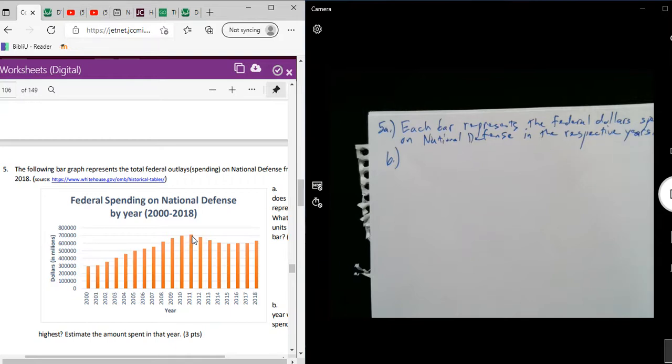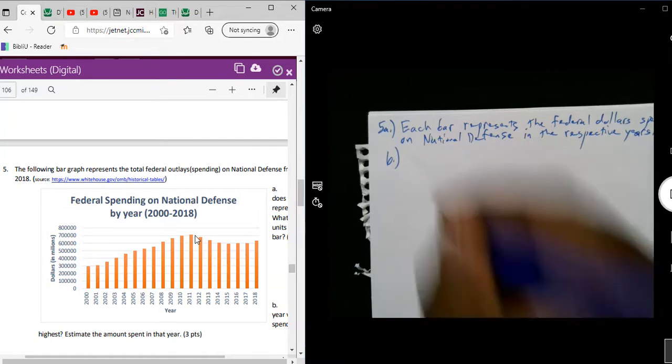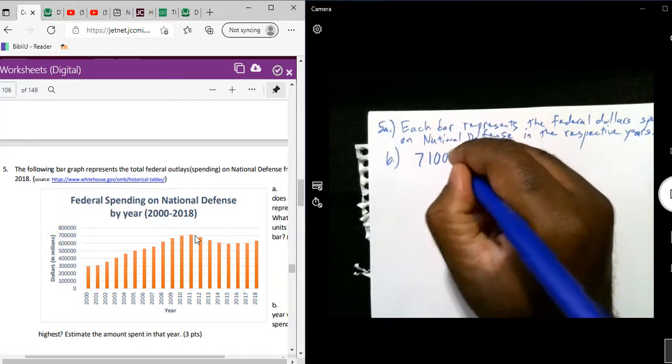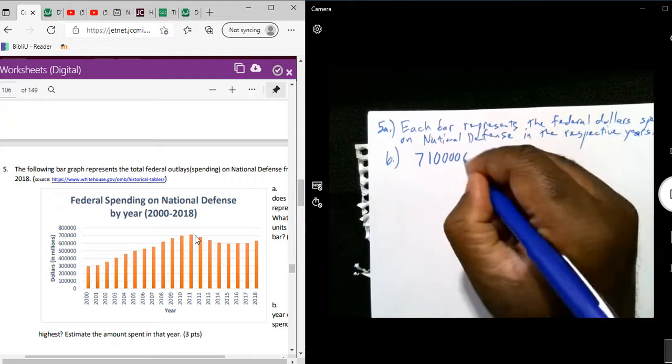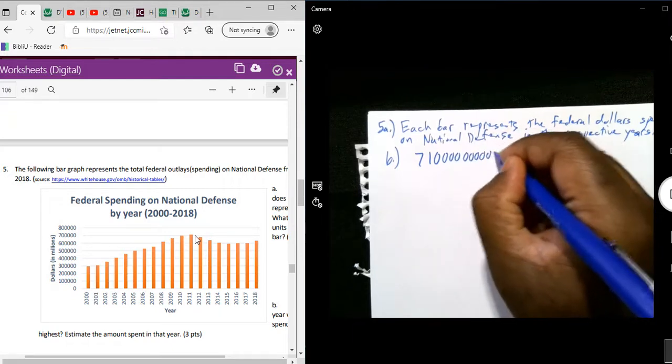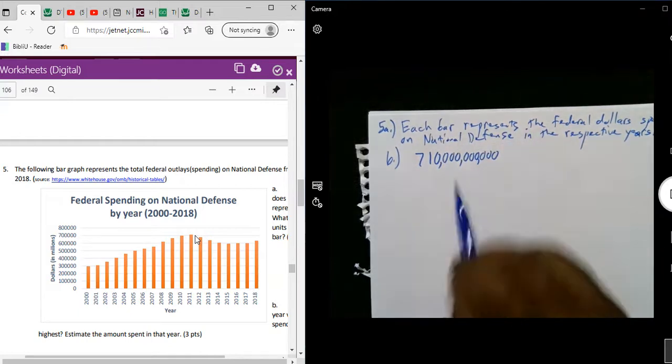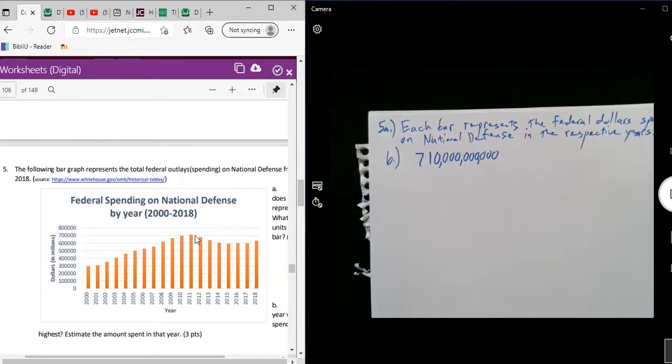So we have a little bit over. So I would believe that that's 710. So we have 710, and then we have our other 3 zeros, and then we have to add 6 zeros. So it's $710 billion. That was in 2011.